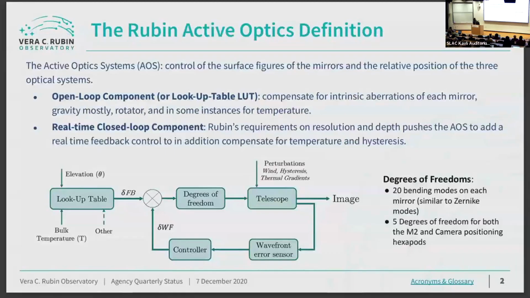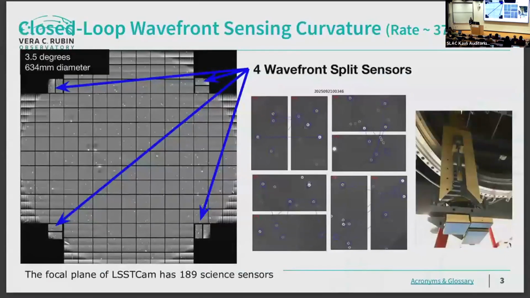So this is the loop that we have. We do have a control loop, and I wanted to mention that because there is some work we are doing right now on how to optimize the way we go from those images on the corner of the focal plane to how we actually use that to adjust the position and the shape of the mirrors. So that's the crash course of what the active optics does.